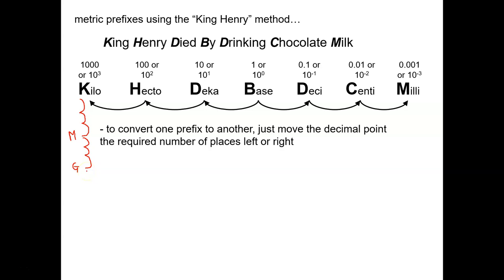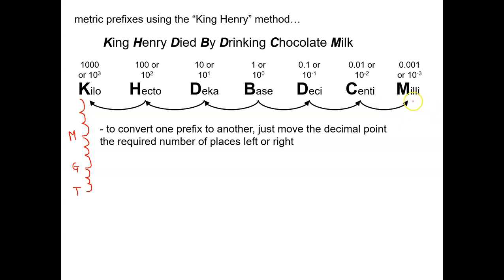So that would be 10 to the 9th, otherwise known as a billion. And if you go 3 decimal places past giga, you get to tera, which is 10 to the 12th. That's a trillion. So a terameter would be 1 trillion meters. A megameter would be 1 million meters.